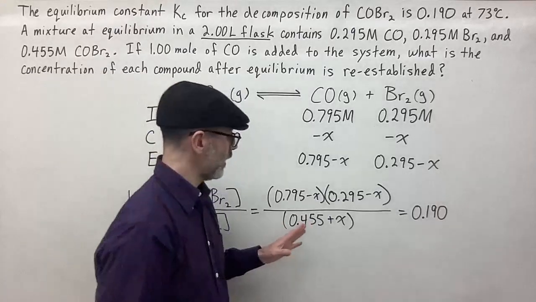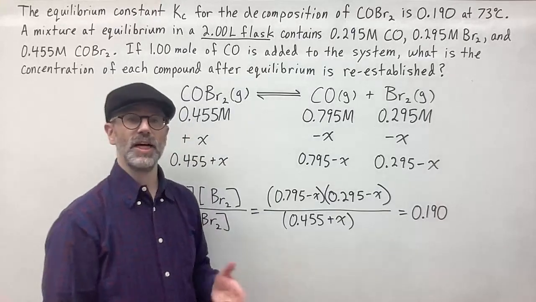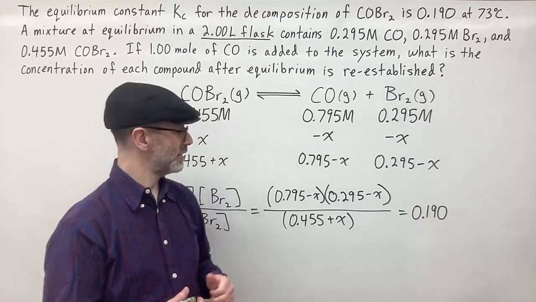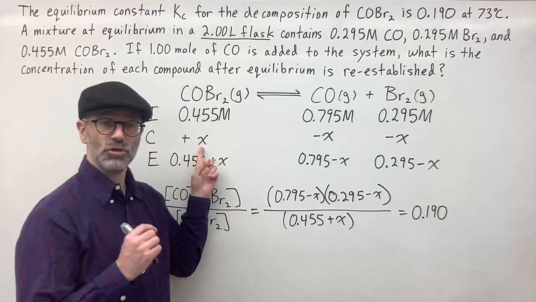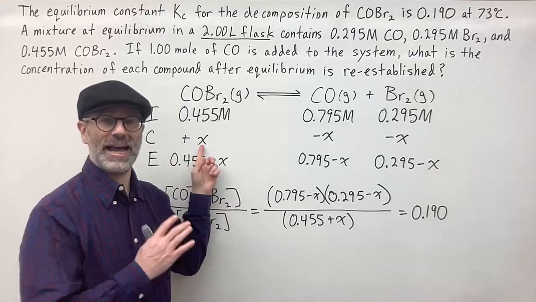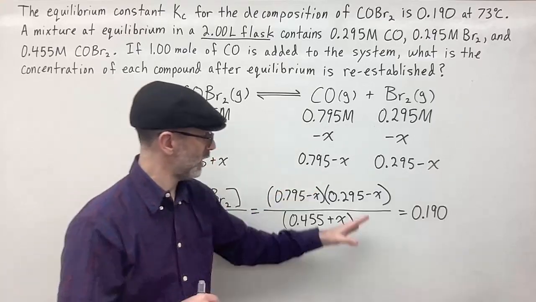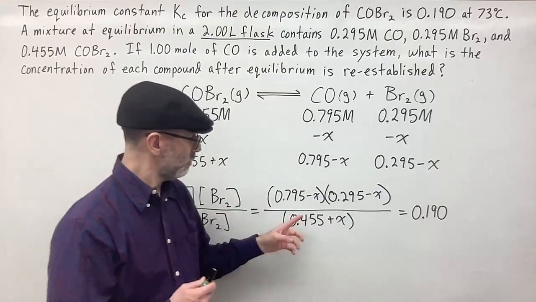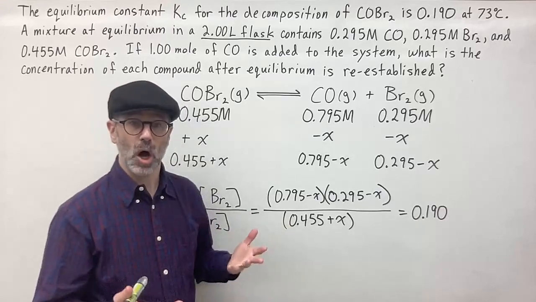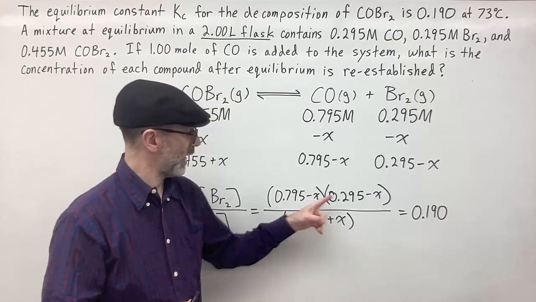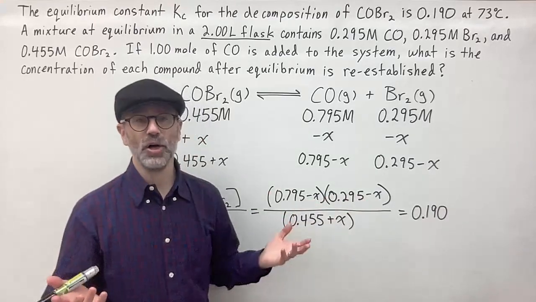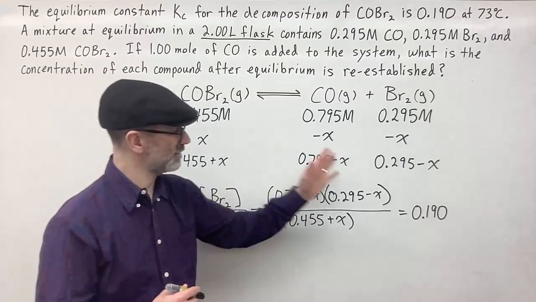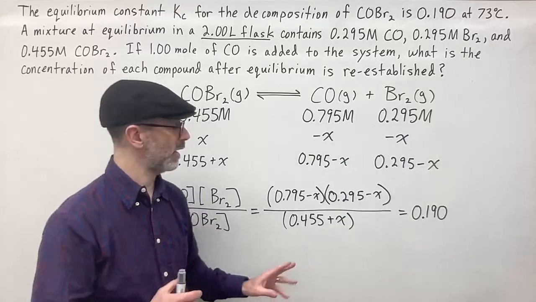All right, now that I have this set up, the question is, can I use the x is small approximation? Is the x here going to be so small as to be negligible and therefore ignored in the calculation? Well, there's a couple of problems here. One, if x was small, we would be able to eliminate x from each of these, and x would be gone, and that would be strange, right? So that indicates probably we're not going to be able to do that.